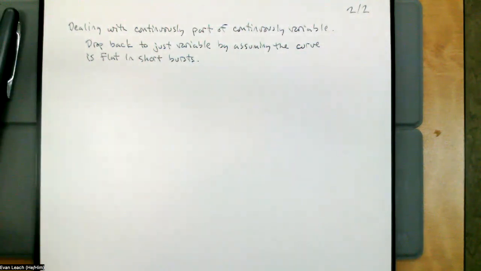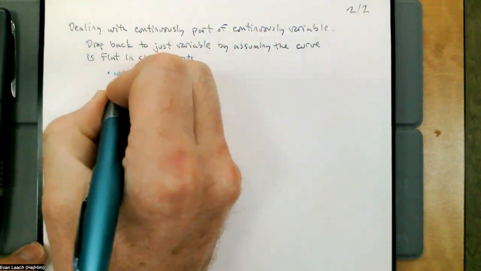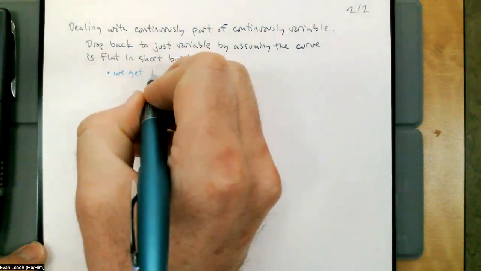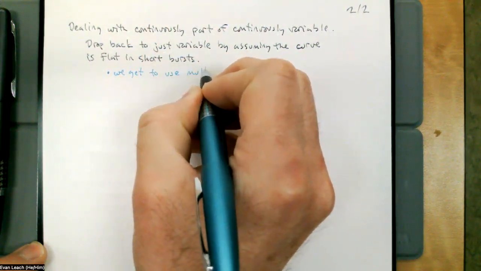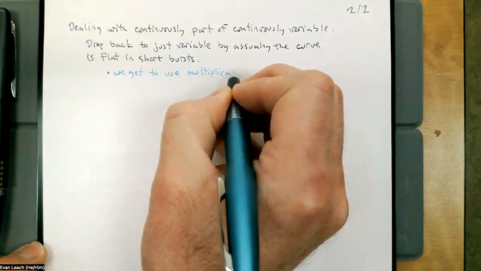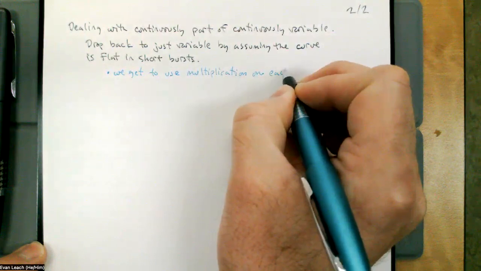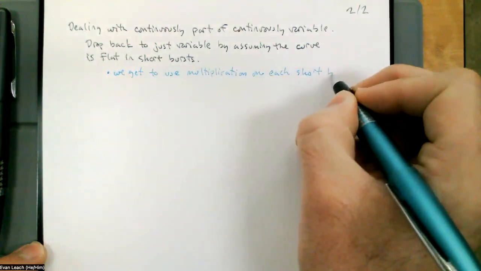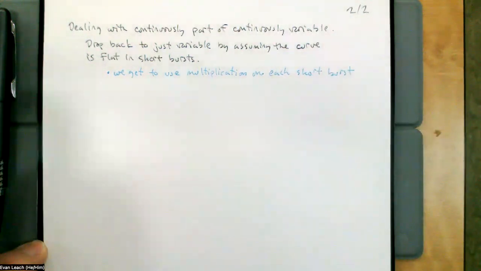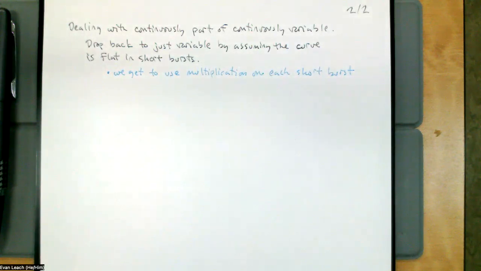So we get to use multiplication on each short burst, and we have a place to put the plus signs.